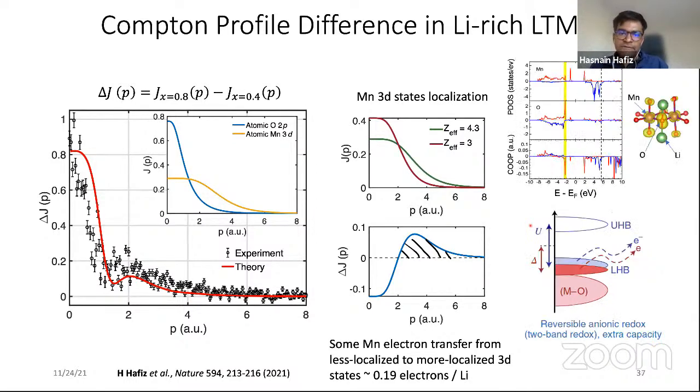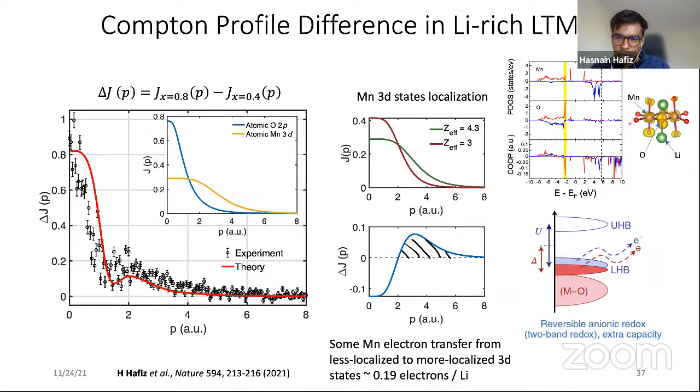We in fact did a thorough study of the electronic structure, and we find that we can also consider the formation of this upper Hubbard band and this lower Hubbard band, where the lower Hubbard band stays close to the occupied oxygen states. The presence of these occupied oxygen states can also be observed in the partial density of states, where the localized oxygen 2p states point in the direction of a neighboring lithium atom.